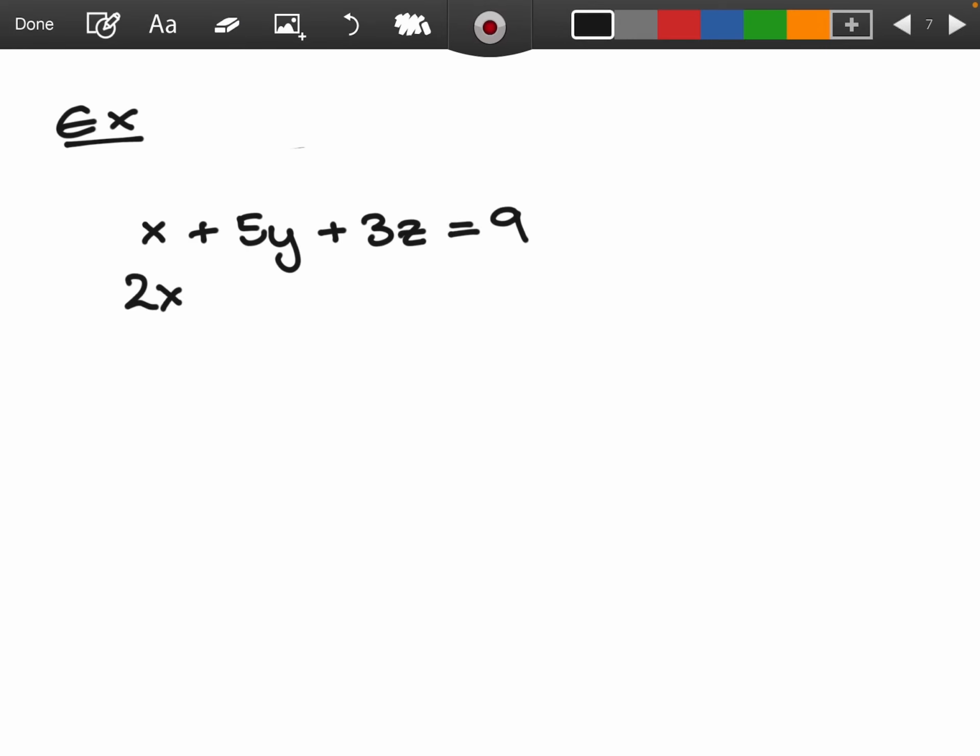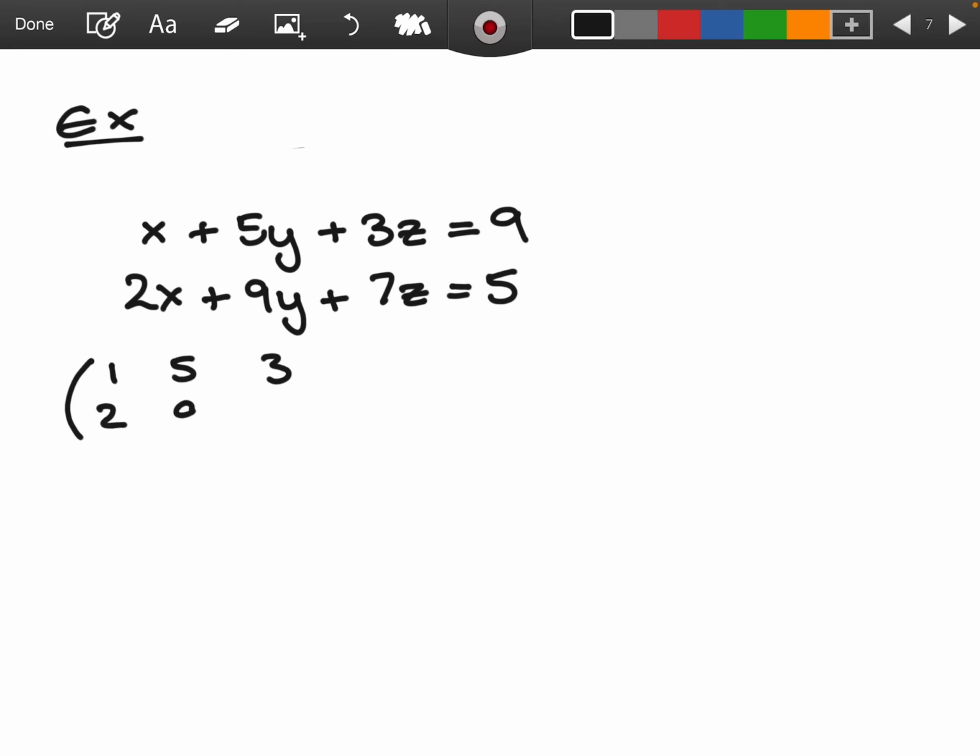I'm going to do one final example here with infinitely many solutions. So this time I'm going to have x plus 5y plus 3z is equal to 9, and 2x plus 9y plus 7z is equal to 5.